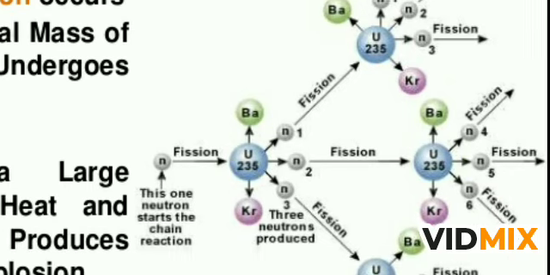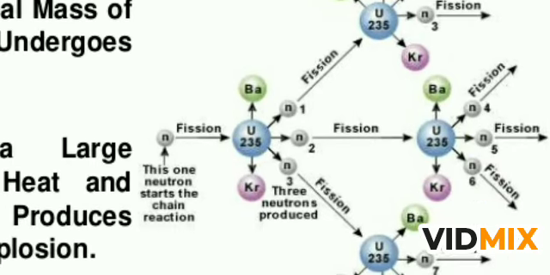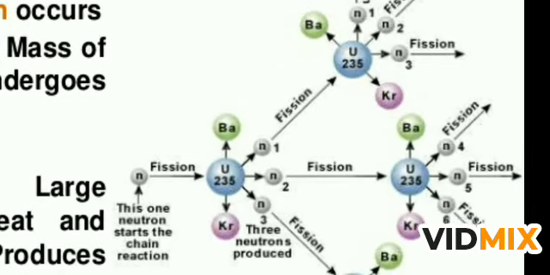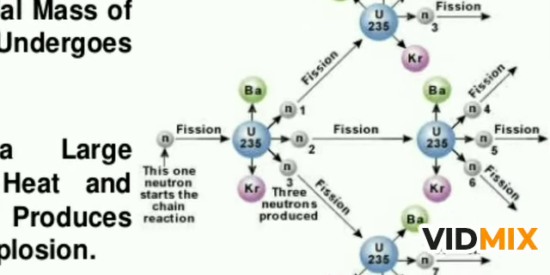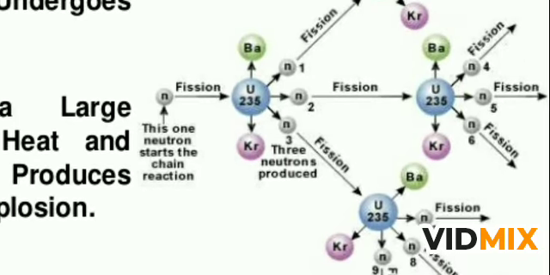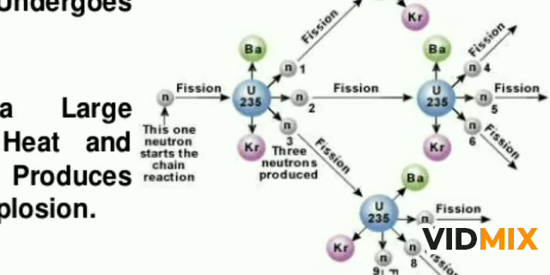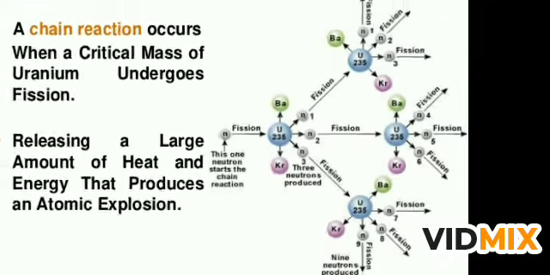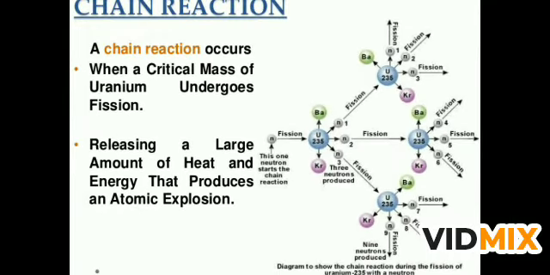Now in the second step we are getting 9 neutrons, 1, 2, 3, 4, 5, 6, 7, 8, 9. And then these 9 neutrons again attack the uranium. So like this the reaction will continue, and this is called a chain reaction, releasing a large amount of heat and energy that produces an atomic explosion.